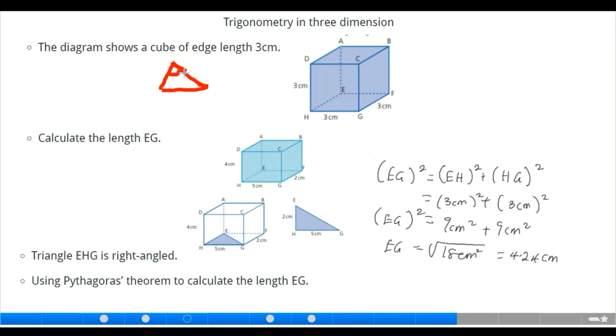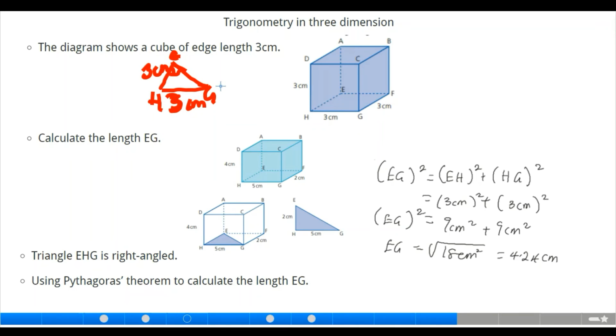So from here now we can say that this side is 5 centimeters. Okay, so we have the other side EH to be what? EH is 3 centimeters, which is what we are calculating with. HG also is 3 centimeters. So EH is 3 centimeters, HD is 3 centimeters.